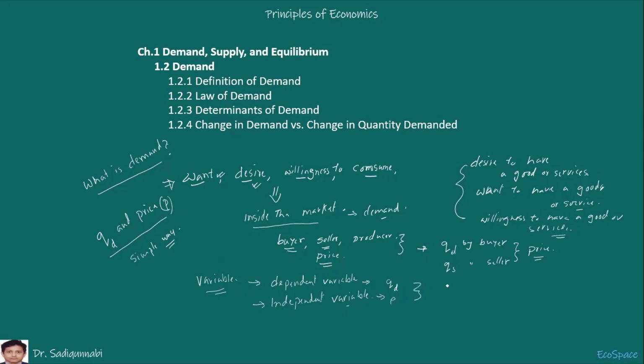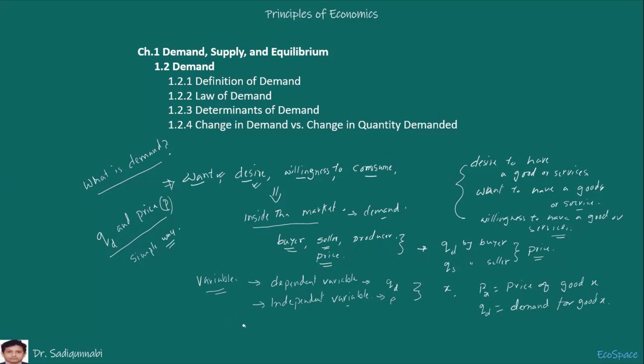So suppose we have good X. So Px is equal to price of good X, and QD is equal to the demand for good X. Okay, all right. So we can set a function for demand.